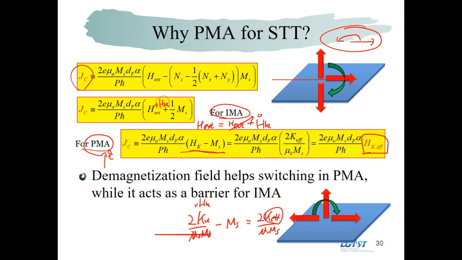Generally, HK effective is much smaller than this one, because without the field, we still have this term. This term can be on the order of Tesla, while this HK can shrink down to only 0.something Tesla, or 0.0something Tesla, easily. So we can reduce the switching current density a lot for the PMA case compared to the in-plane case.